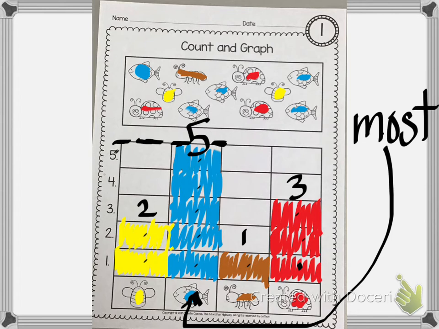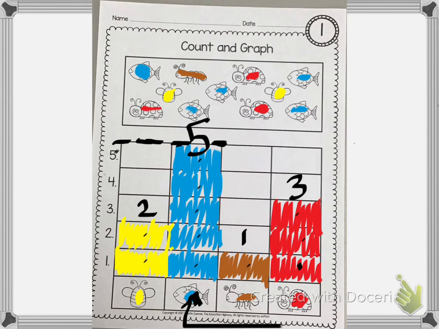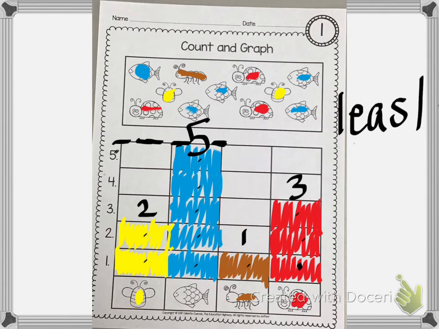All right. Another thing that we can say, let me erase this out of the way. Another thing that we can talk about when we are interpreting data is which one has the least. And the word least means the smallest amount.